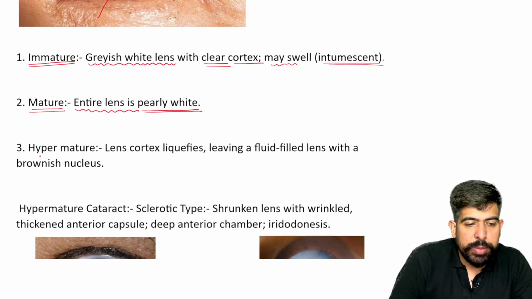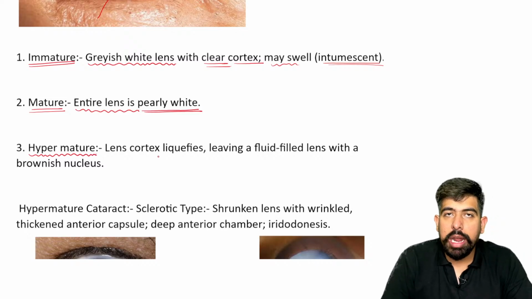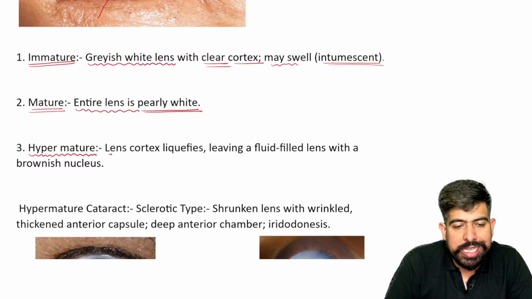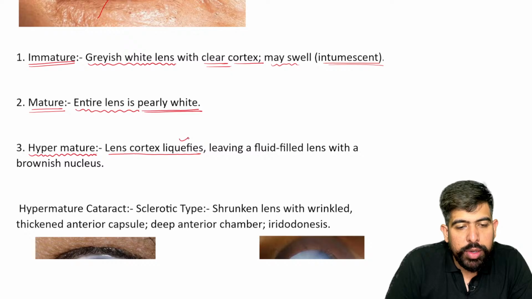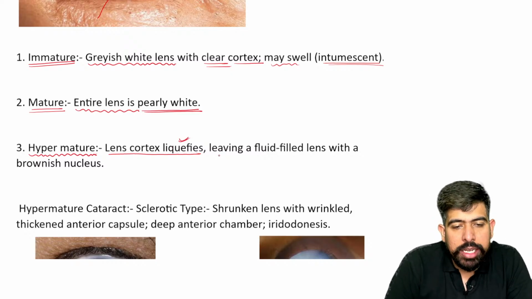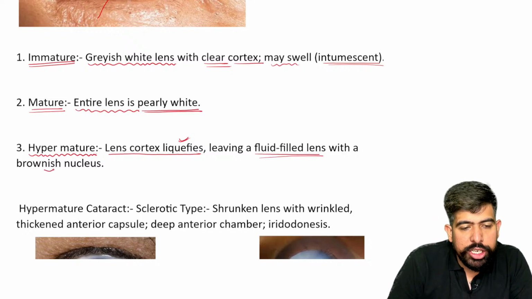And the next, the third one, is the hypermature. The mature one is okay. Now in the hypermature, what will happen? The lens cortex will liquefy, meaning it converts into liquid, leaving a fluid-filled lens with a brownish nucleus.